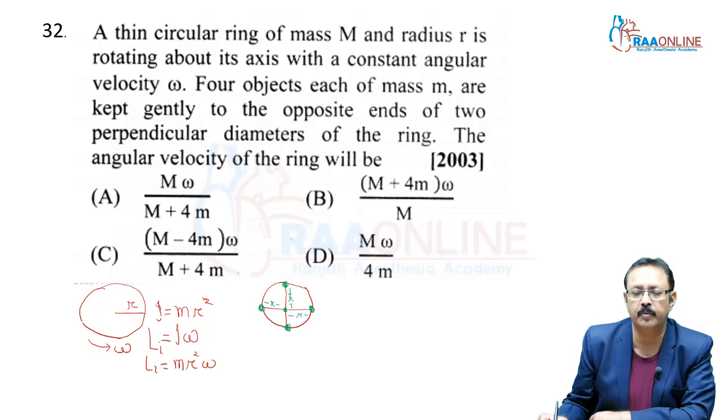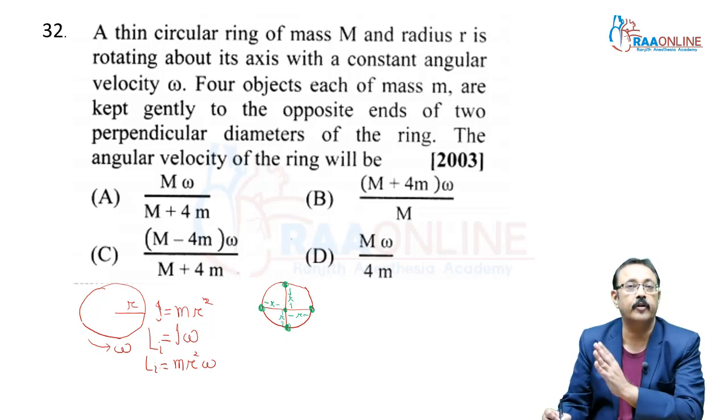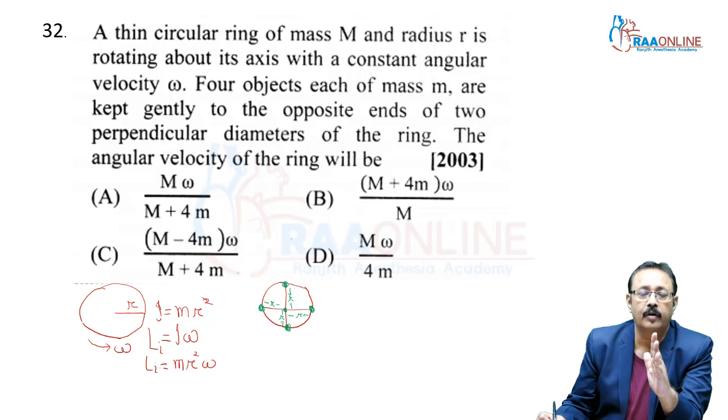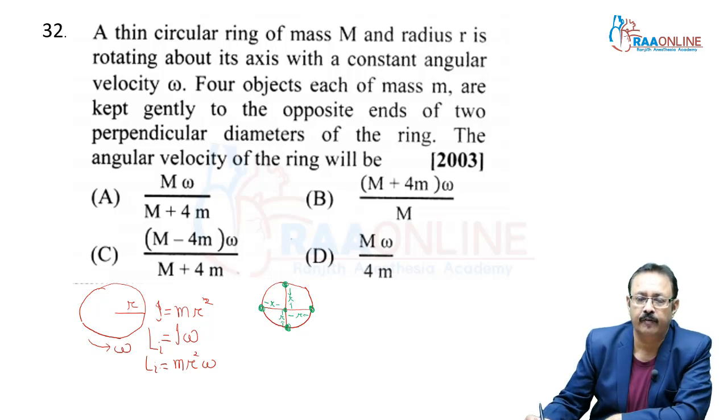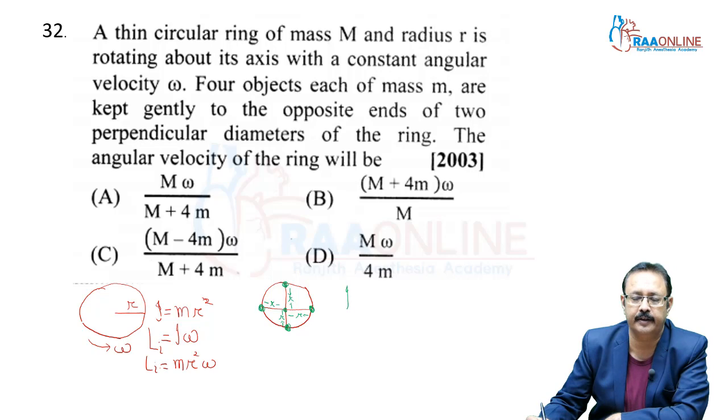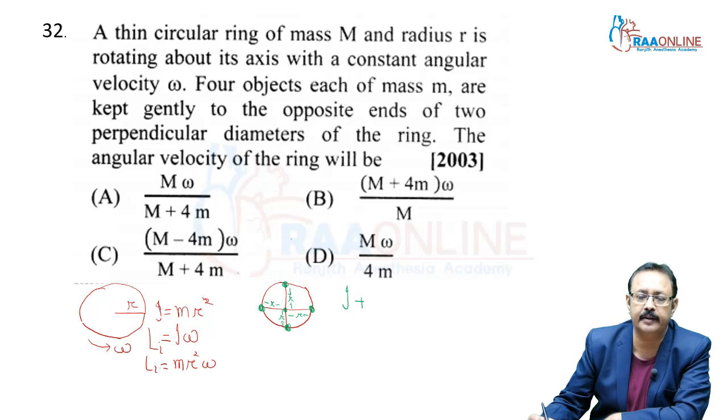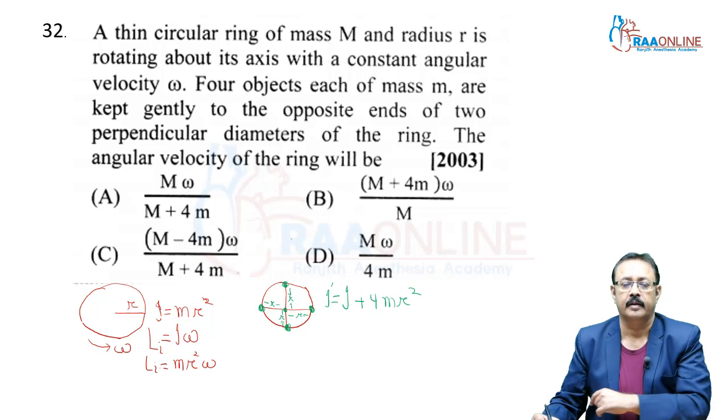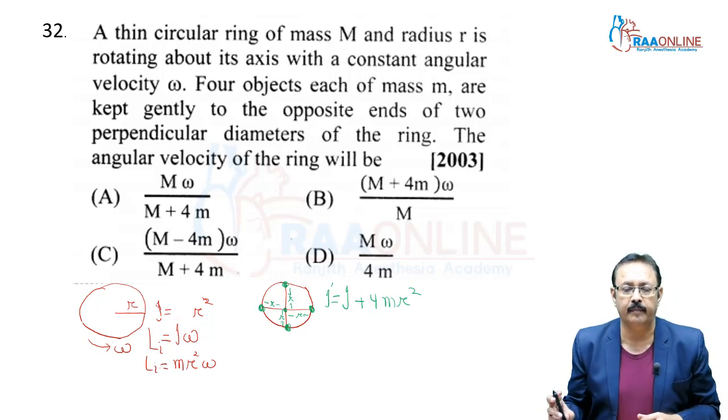So now the moment of inertia of the system is increased, because moment of inertia is not following the law of vector addition. The moment of inertia of these 4 particles should be added to the initial moment of inertia. So the new moment of inertia is I plus 4mr square. The mass of the ring was given, so we will denote that by capital M.